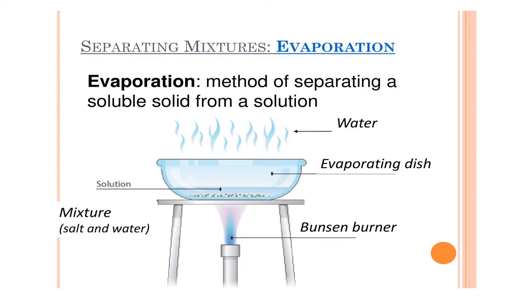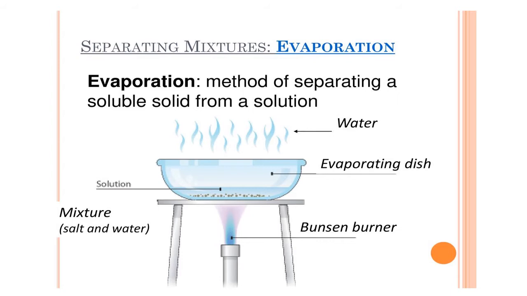In this activity we use the process of evaporation to separate a mixture of water and salt. What is evaporation? The process of conversion of water into vapor. Evaporation takes place continuously wherever water is present. So it is a method of separating a soluble solid from a solution, right?